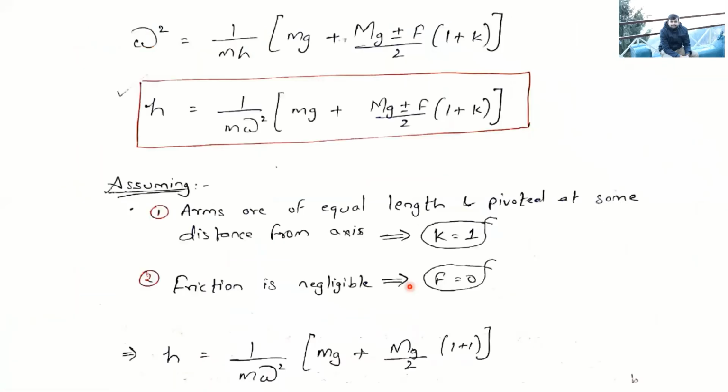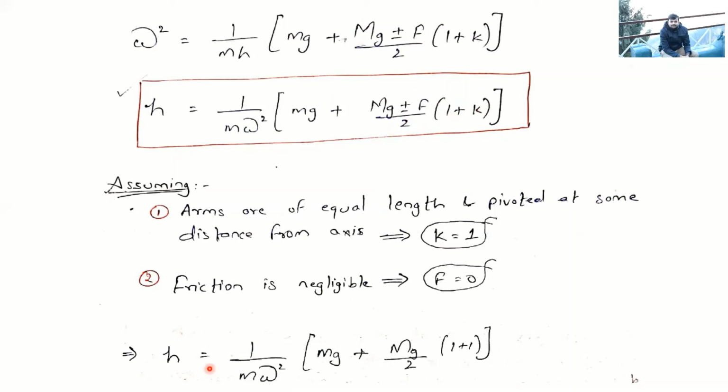And the second thing which you are assuming is that the friction is 0. So what will happen to this equation? When the friction is 0, this will become mg by 2. And in this bracket, the value of k is also equal to 1, so 1 plus 1 becomes 2. So that 2 and this 2 get cancelled.